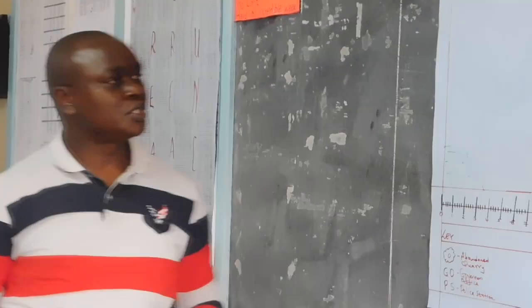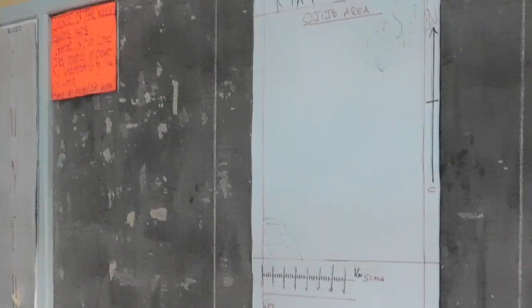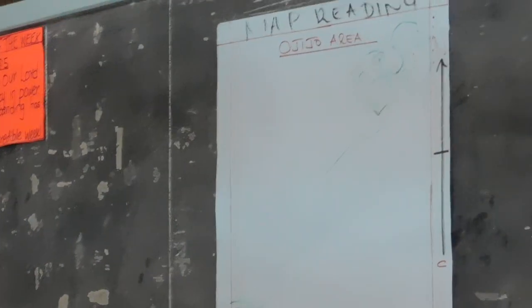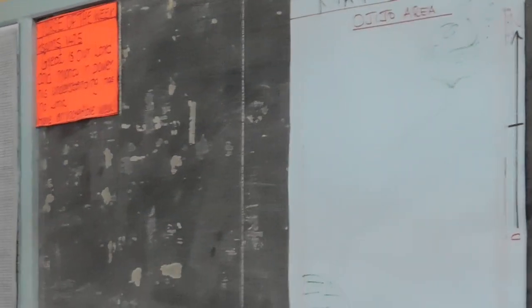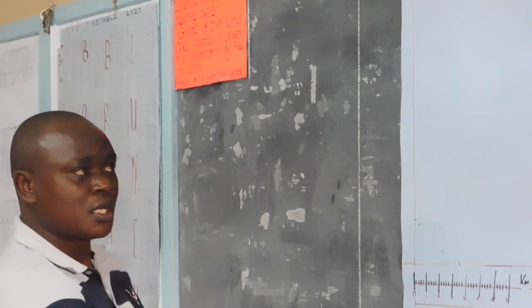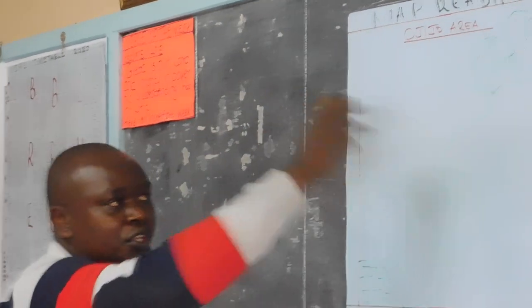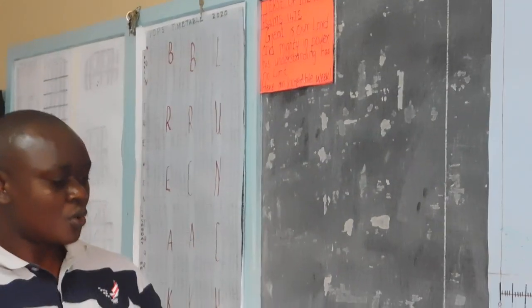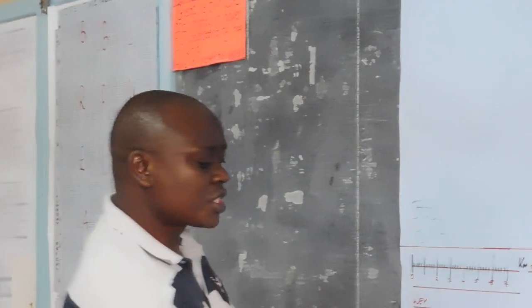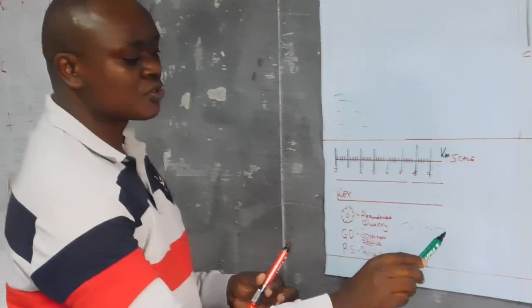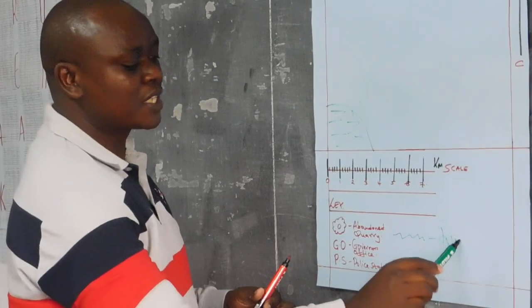Look at the drawing. They have drawn the river. To answer these map reading questions, be careful with the key and with what has been drawn on the map. The river can be denoted in this format. But if it's dotted, that is a small river, so be careful with it.